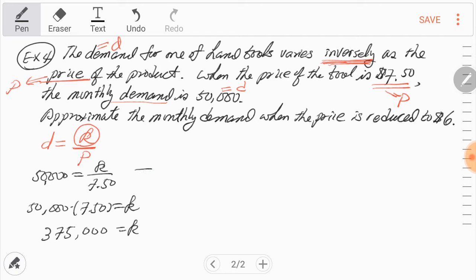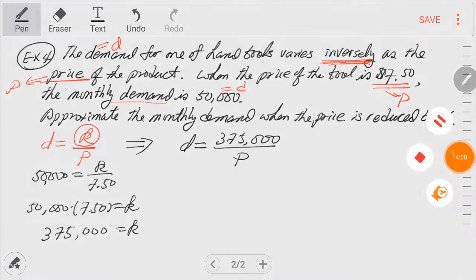So our equation is, not this one, we get it from this. So the mathematical model is D equals 375,000 divided by P. Okay, then let's answer the question. Approximate the monthly demand. So let's find the D value when the price is dropped to $6.